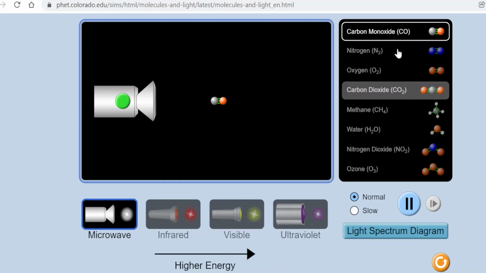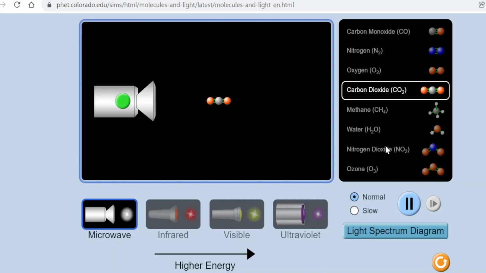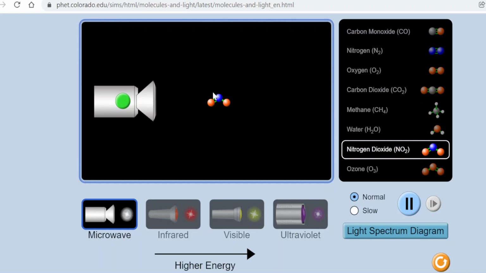On this site, there are different molecules. So here we take nitrogen dioxide as a molecule. This has nitrogen as a central atom and two oxygens. These are the two oxygens. Then here there are different electromagnetic radiations with increasing energy.